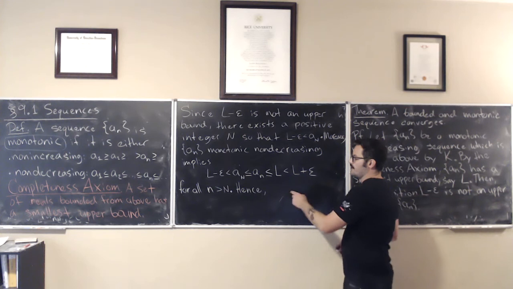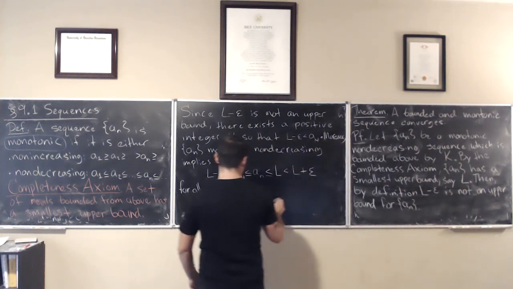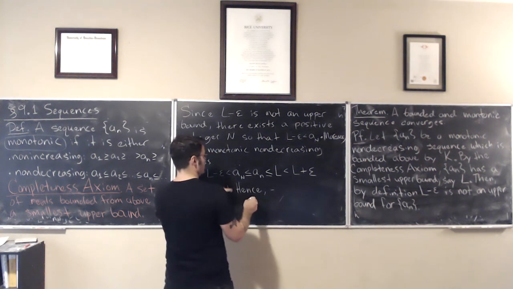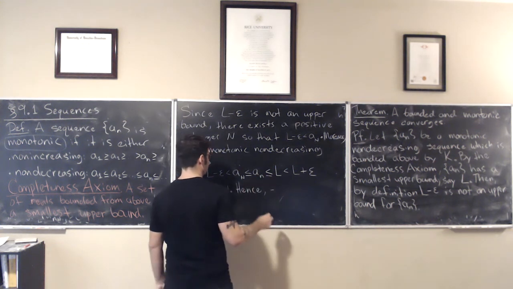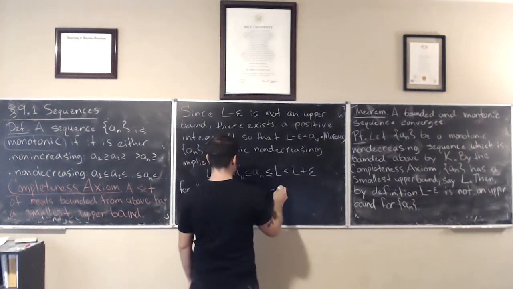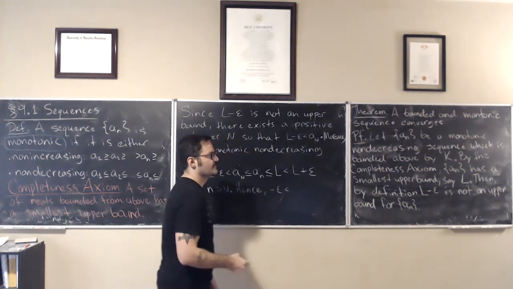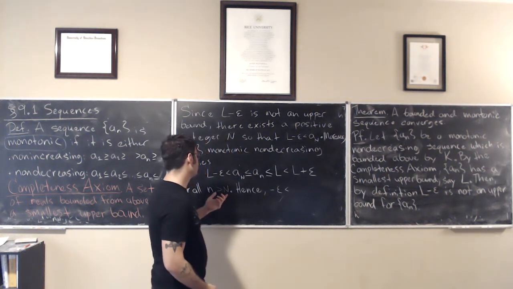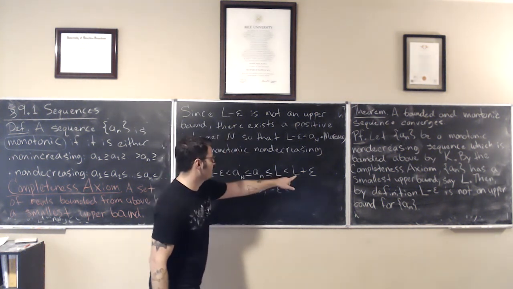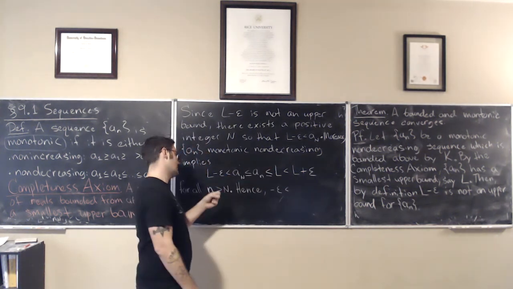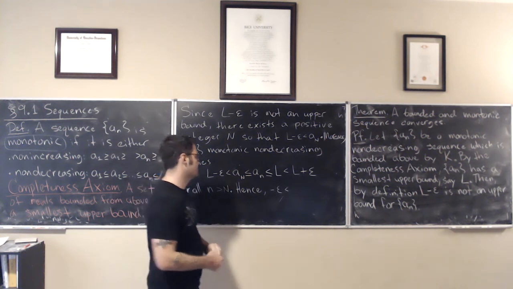It means that if we subtract L from both sides, we get that minus epsilon is less than A sub n minus L, which is less than epsilon. I should probably just say it: A sub n is at most L plus epsilon and at least L minus epsilon, for all n greater than or equal to capital N.